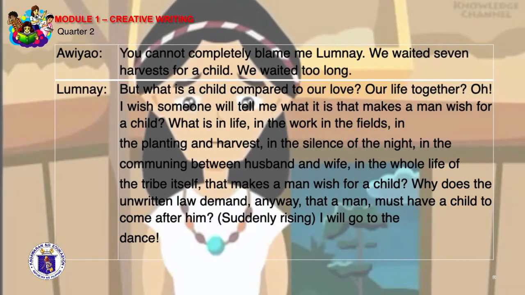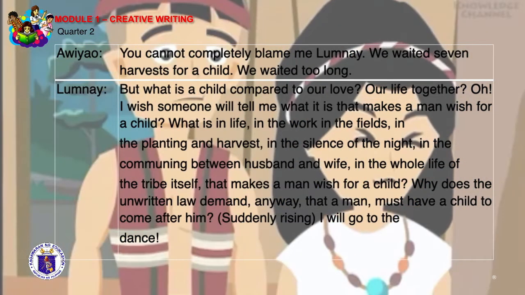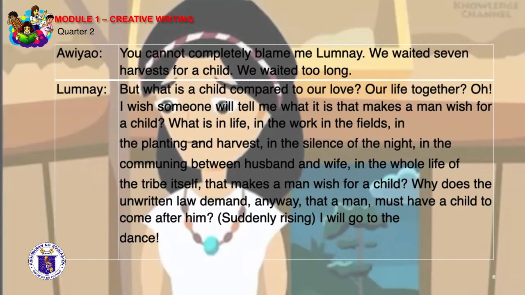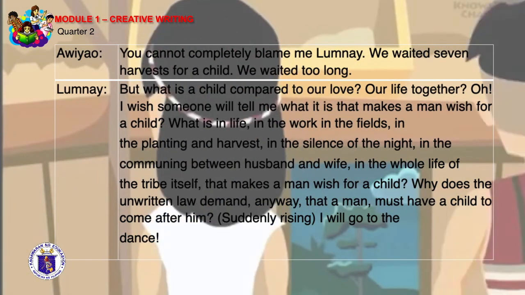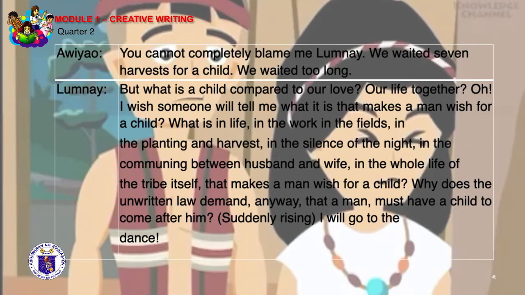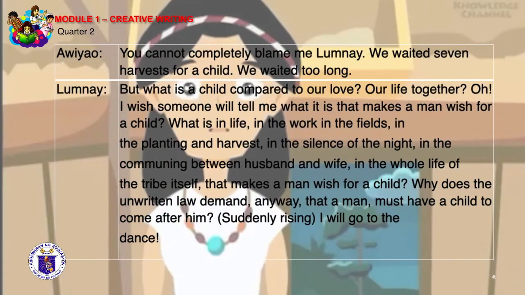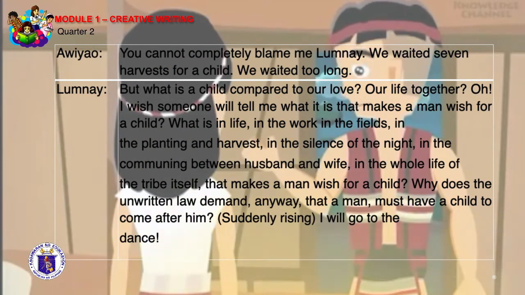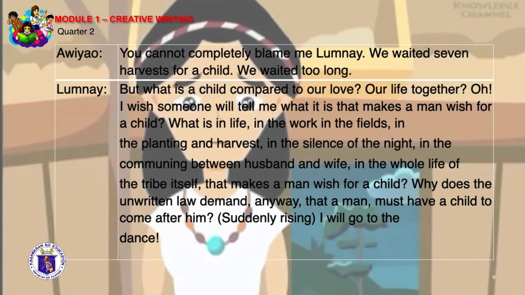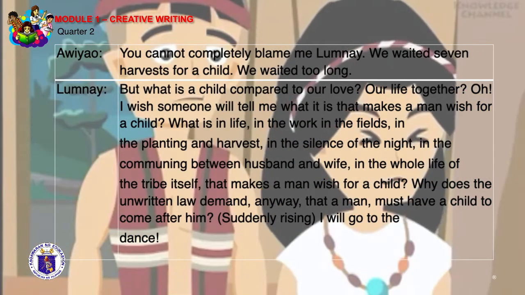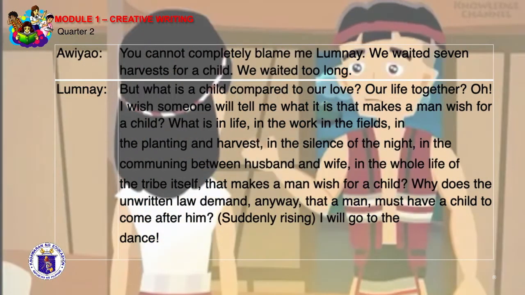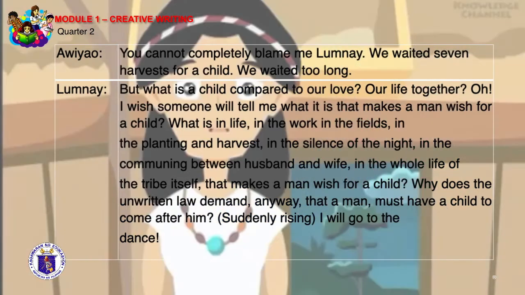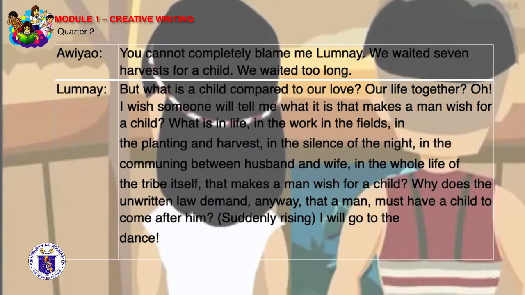You cannot completely blame me, Lumnay. We waited 7 harvests for a child. We waited too long. But what is a child compared to our love, our life together? Oh, I wish someone would tell me what it is that makes a man wish for a child. What is in life, in the work in the fields, in the planting and harvest, in the silence of the night, in the communing between husband and wife, in the whole life of the tribe itself, that makes a man wish for a child?